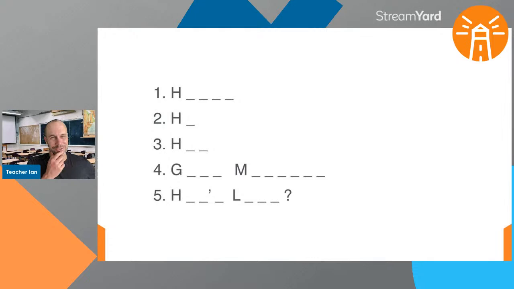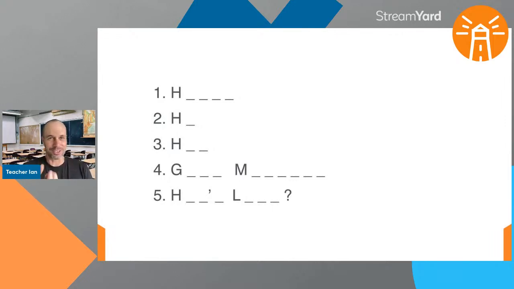Number 5 is a little tricky. I wanted to make this one a little bit more challenging. Do you know that one, Tatiana, or anybody else watching? First word starts with H, and then second word starts with L. And notice there's an apostrophe there. This is good for Tatiana.